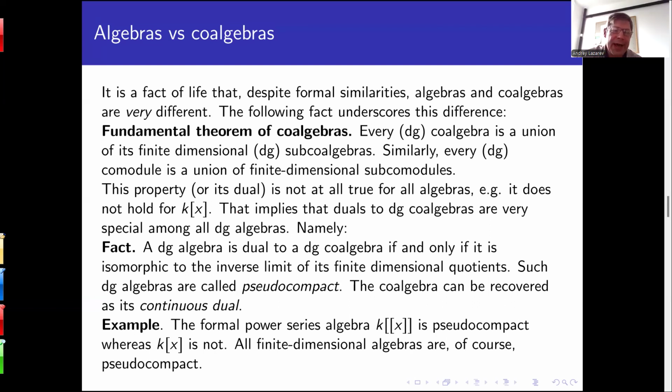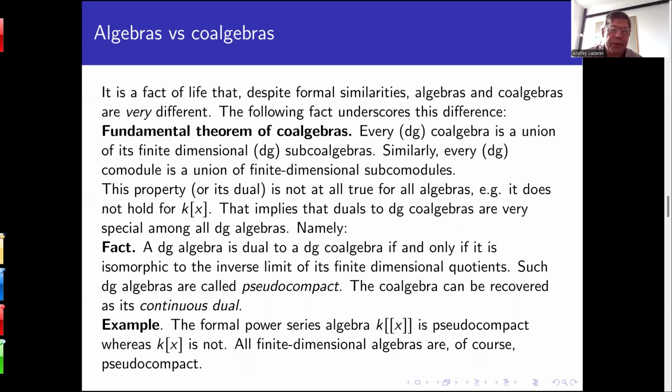The thing is that this uses, in a very essential way, co-associativity. This is not true for Lie coalgebras or coalgebras of a different sort. Okay, so this property, which is that every coalgebra is a union of finite dimensional subcoalgebras, is not true for algebras.